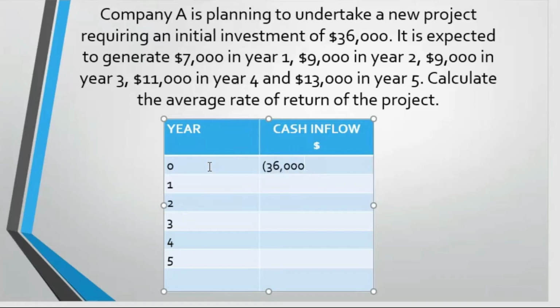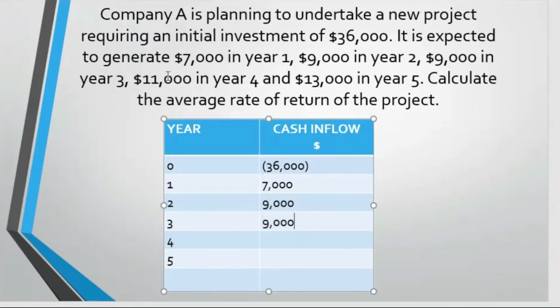In year 1 we will receive $7,000 from the investment. We'll record that. In year 2 we will receive $9,000. In year 3 we will receive another $9,000, so we put down the $9,000.